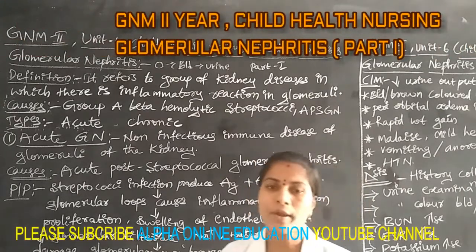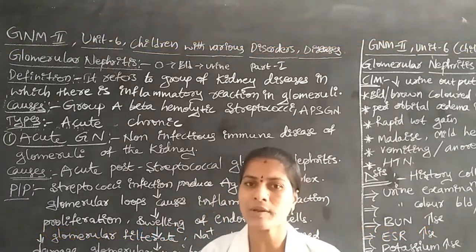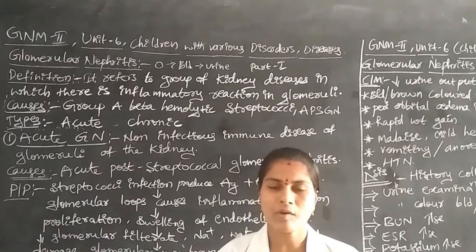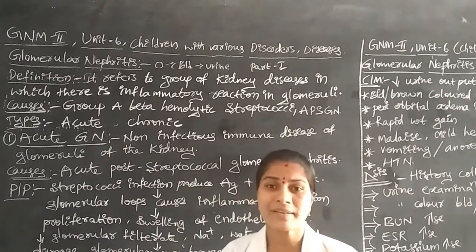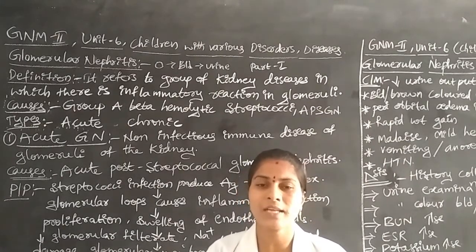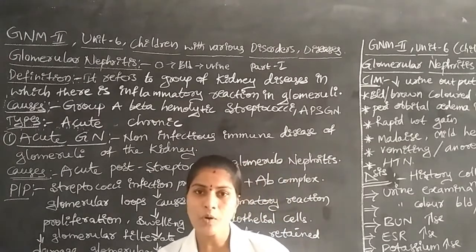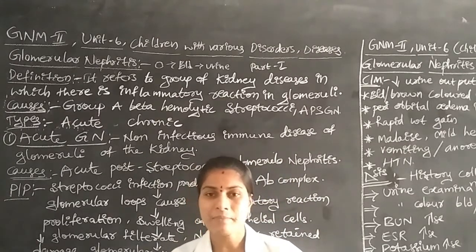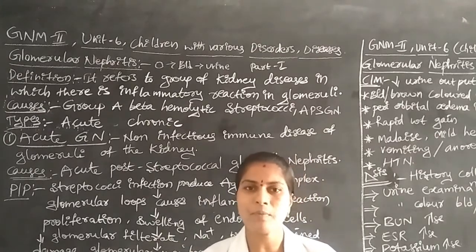Once the body receives any organism, whether microorganisms, parasites or fungi, any disease-causing organism that enters the human body is called an antigen. Immediately, some protective substances are released from the body.